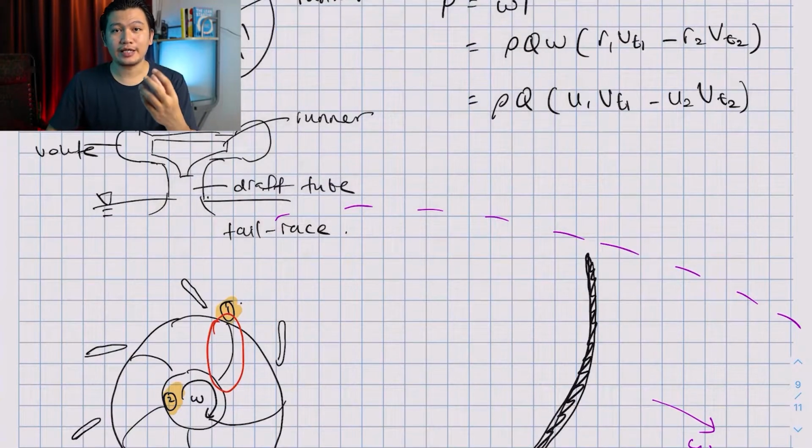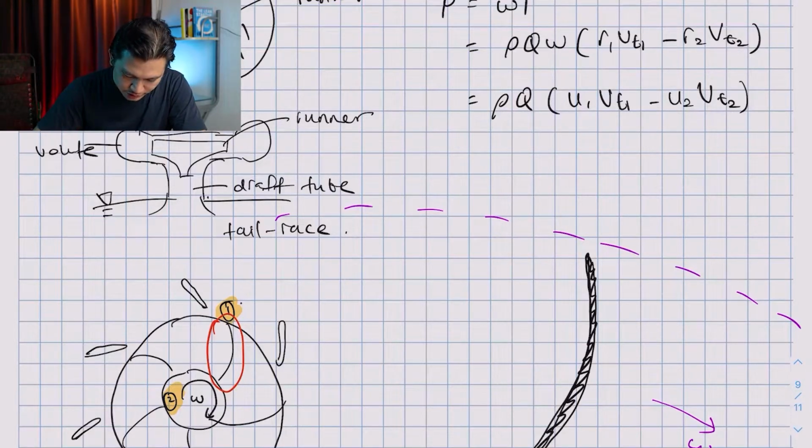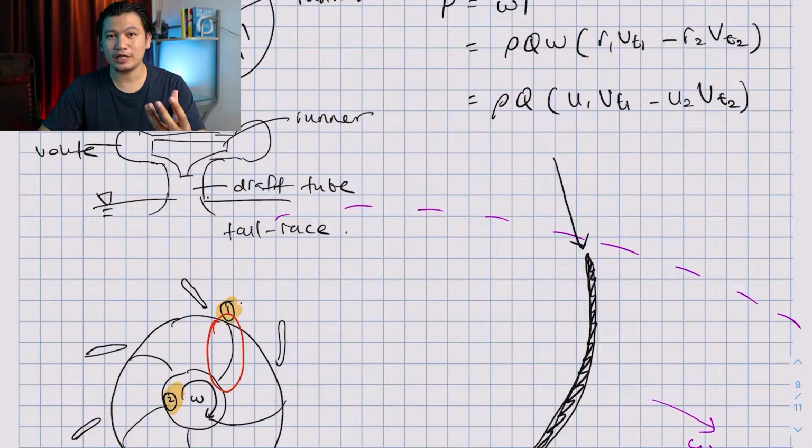Okay, now let's take a look at the inlet velocity triangle. Because it's a triangle, it has three components, which are the blade velocity, relative velocity, and also the absolute velocity. The velocity that is tangential to the rotor is the relative velocity. Okay, so in this condition, this is your relative velocity. Still remember what's the notation for relative velocity?